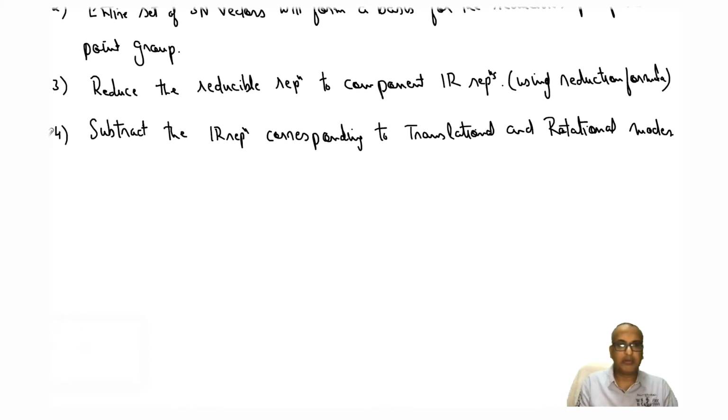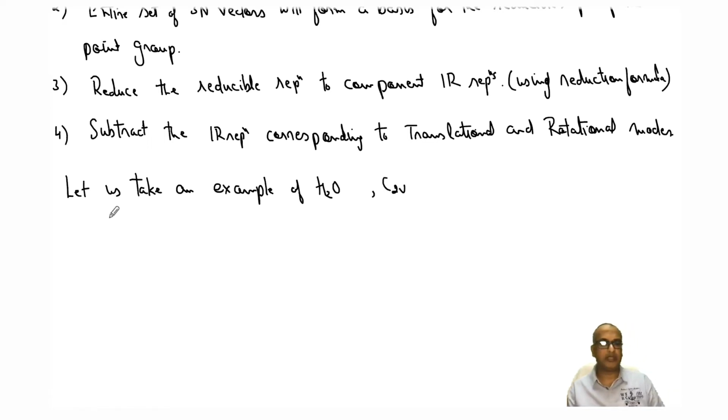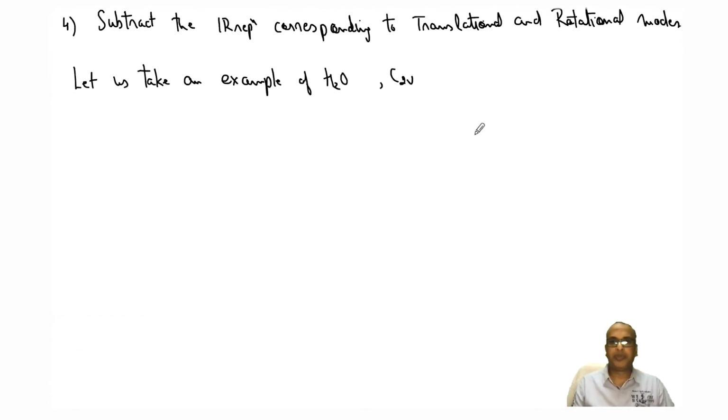So let us take an example of water. Point group is C2V, right? We have been discussing this a lot. So now the first step is to place X, Y, Z on all three atoms, so three vectors on each atom, right? So this is X1, Y1, Z1, X2, Y2, Z2.